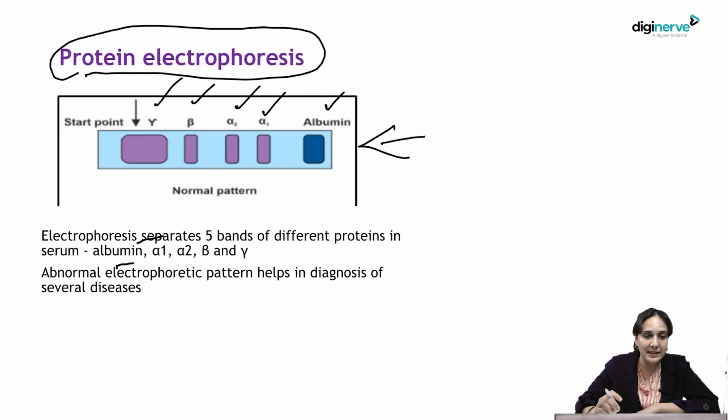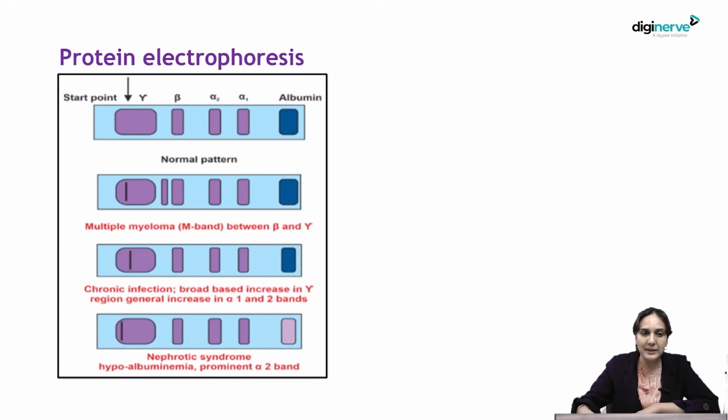But if there is any disorder, we will get a different electrophoretic pattern, and on that basis we can make the diagnosis. Like in multiple myeloma, we get an M band between beta and gamma. If this M band is present in electrophoresis, it helps us make the diagnosis of multiple myeloma.